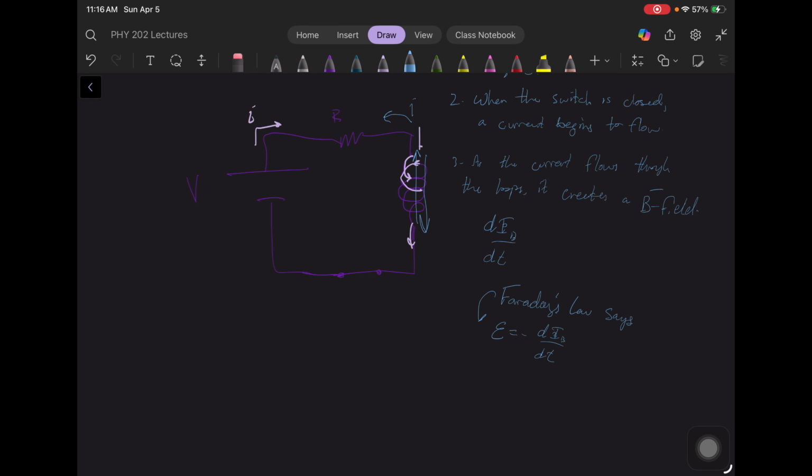So initially, the moment you close the switch, you get an EMF that is equal and opposite to V. You get no current that flows the moment you shut the switch.